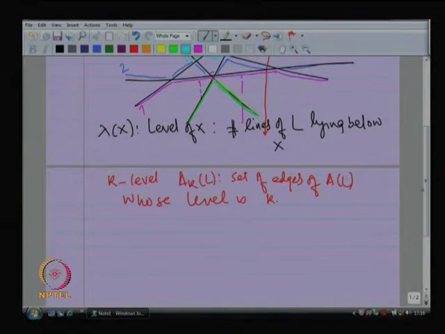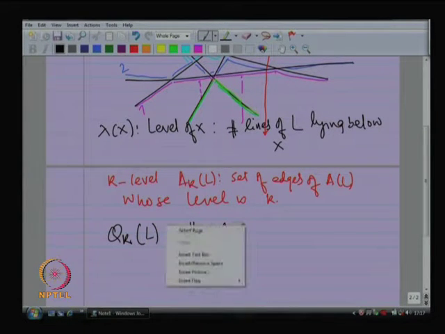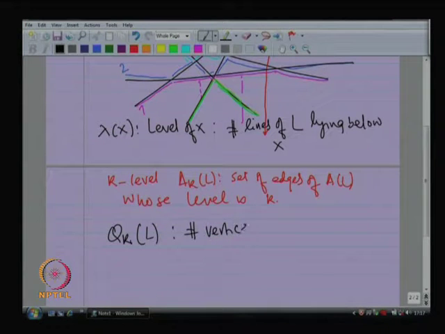Let me say the following thing. Let me denote phi_k(L) as the number of vertices on the k label.